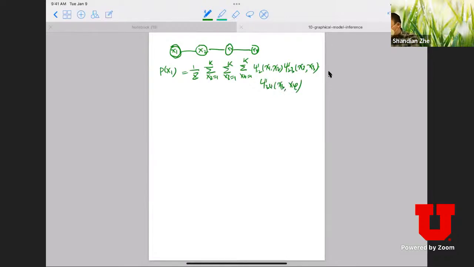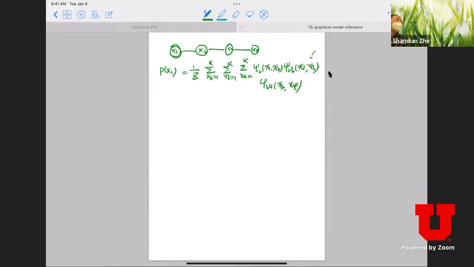If you just apply this naive formulation, it will be very costly to compute the marginal distribution of x1. Can we apply a similar trick to efficiently compute P of x1?